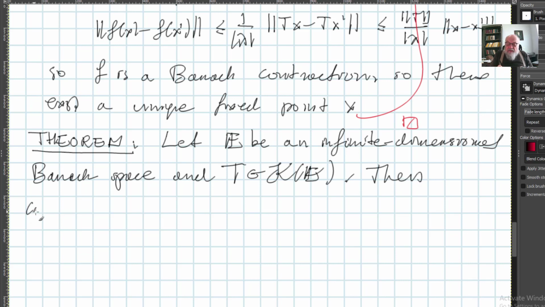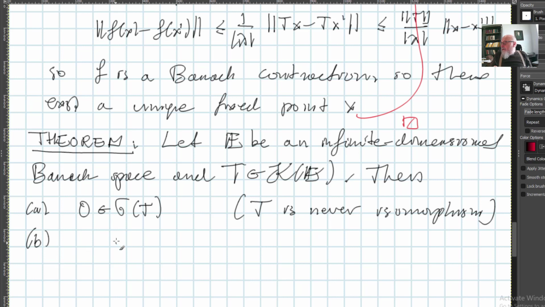And then we have the following. First statement, A: 0 is always in the spectrum of T, and that means T is never an isomorphism.